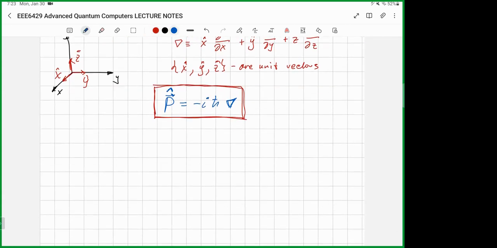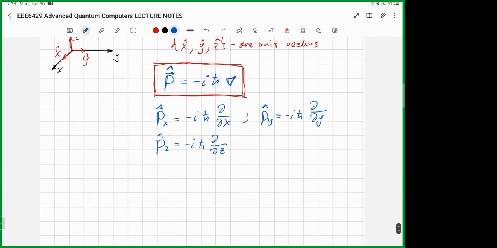For example, the operator of momentum x is minus i h bar d/dx, the py operator is minus i h bar d/dy, and the pz operator is minus i h bar d/dz.